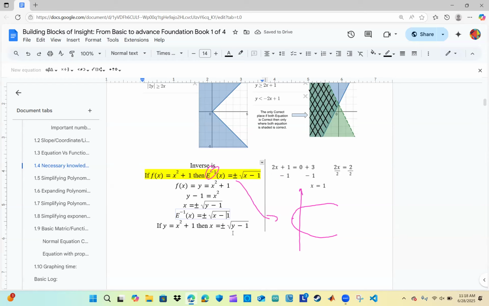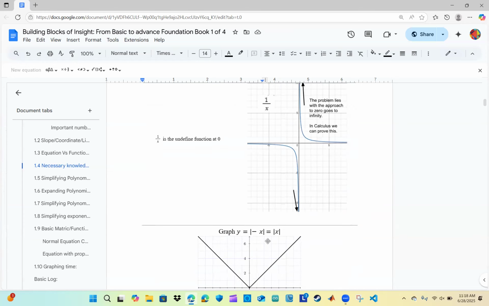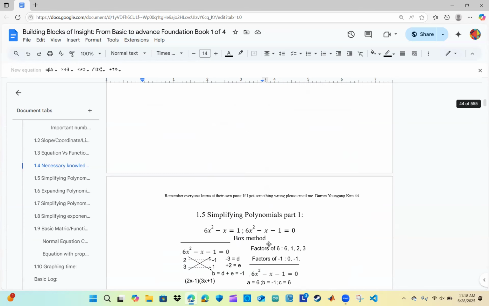Is that why I did only plus? And I want to leave it as a function. If you want to leave it as a function, you just have to put plus square root of x minus 1 and leave it as one of them. Yeah, that's probably why. But I don't like it, so I'm going to change it to my notation.